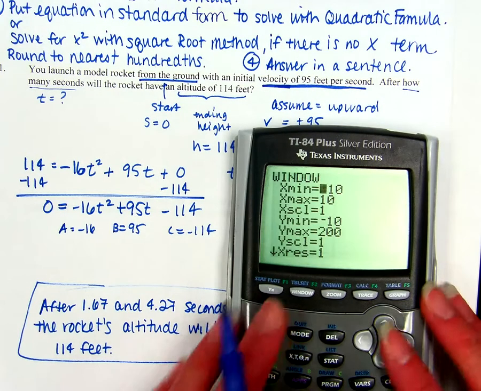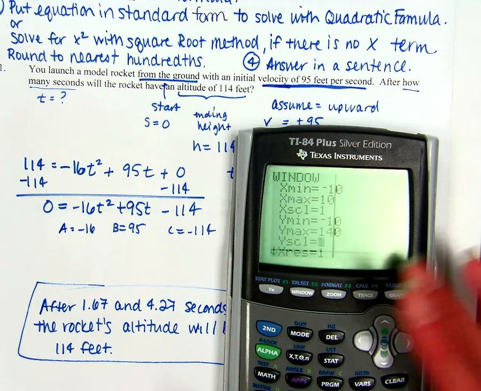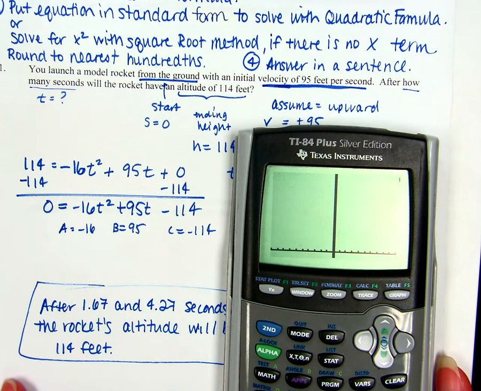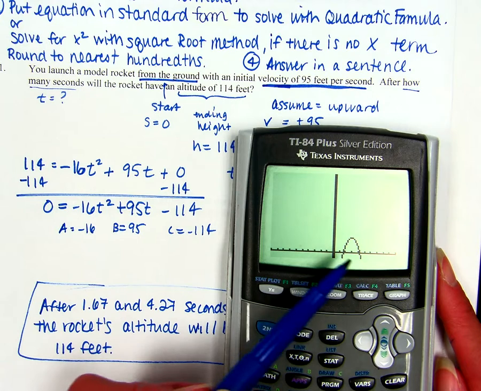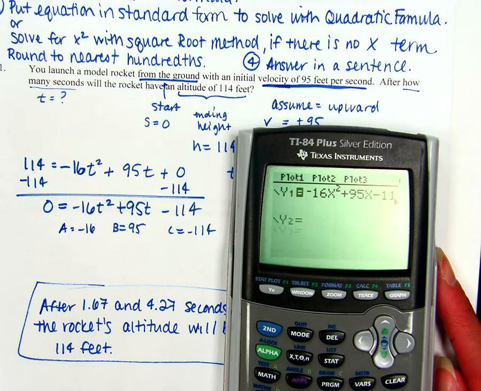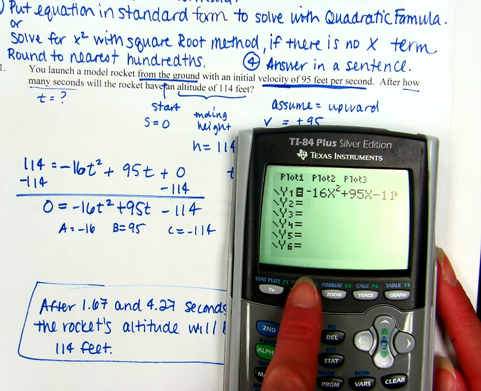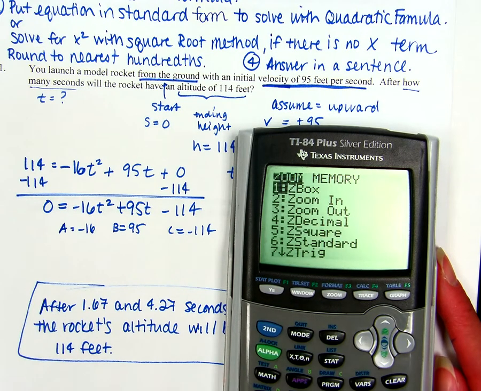Oh, I guess we don't need it that high. Let's call it 140. All right, so here's your graph. If we go to y equals, oh, I know what I'm doing. Sorry. I guess we could have just done our standard window.